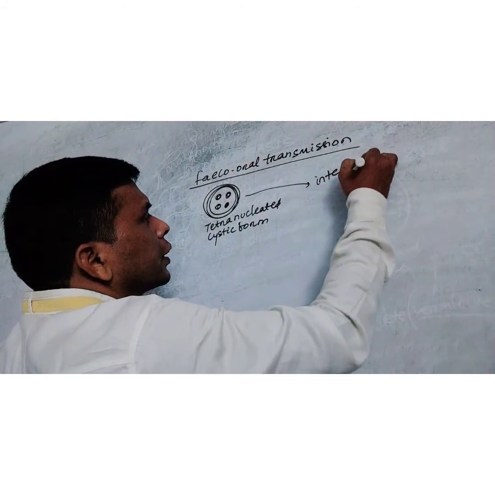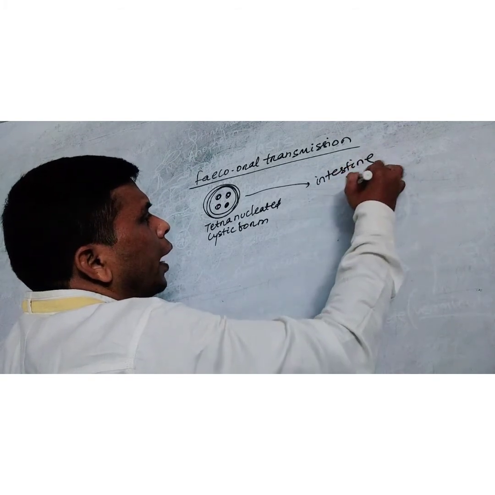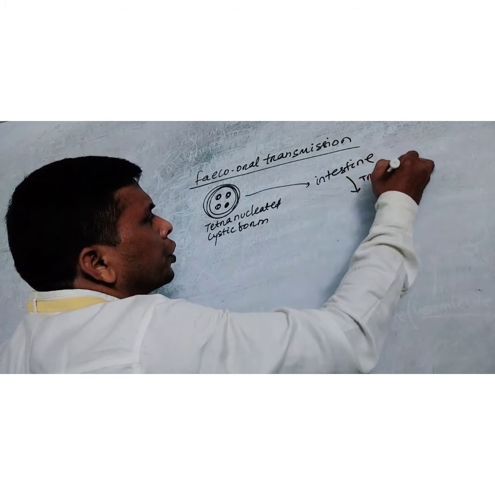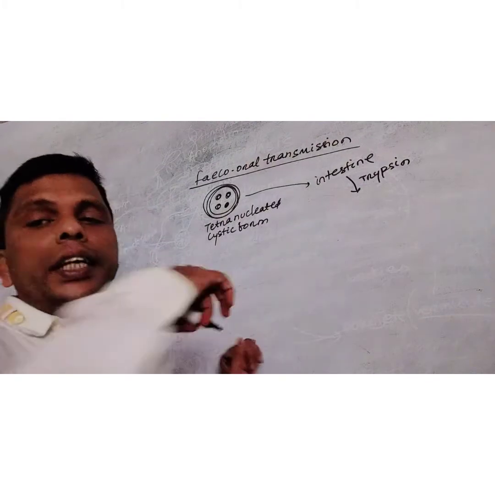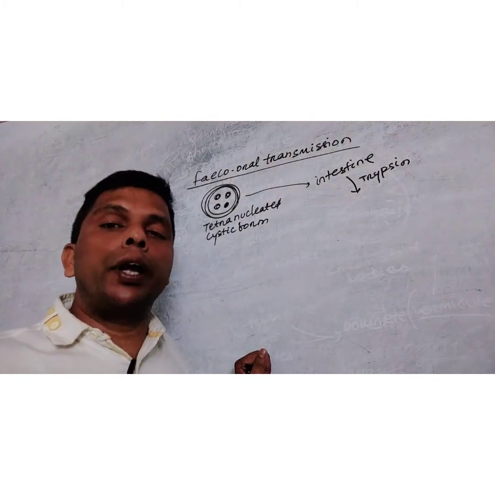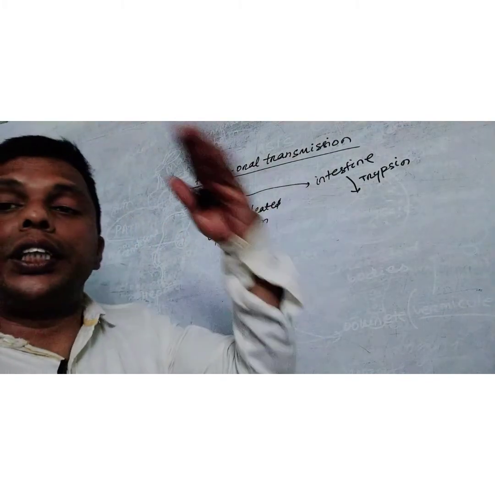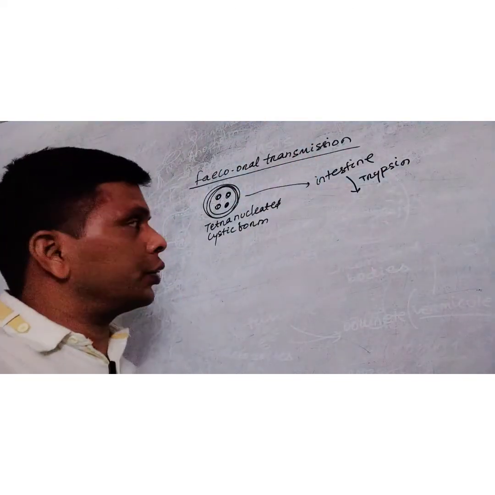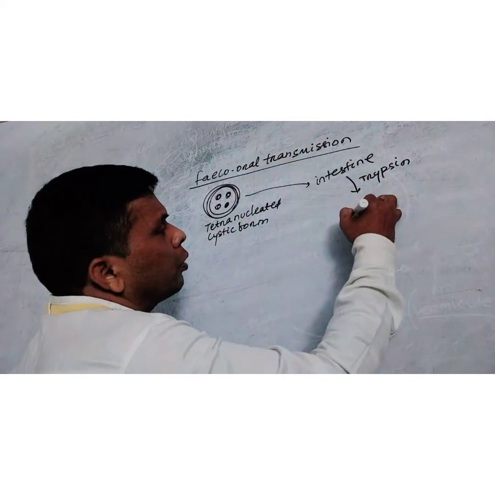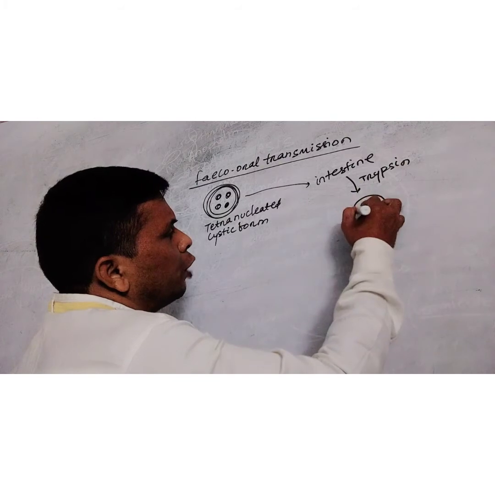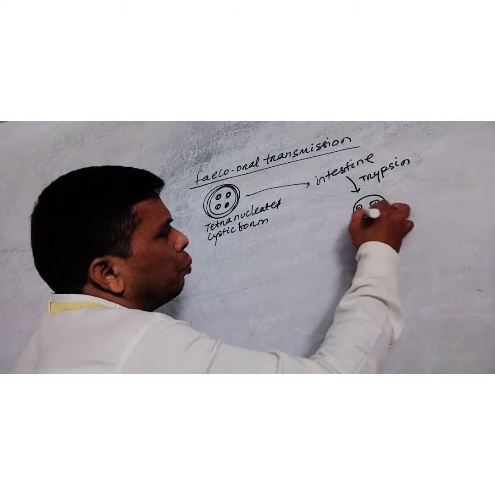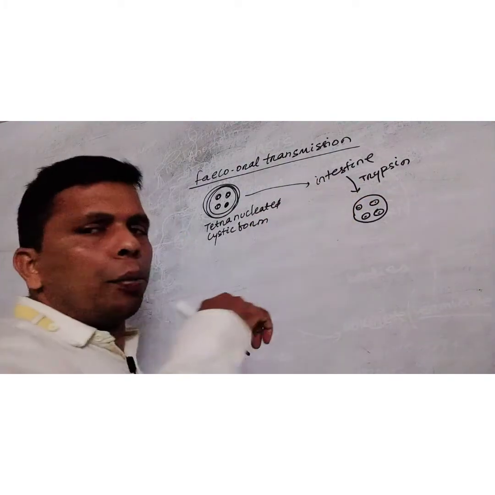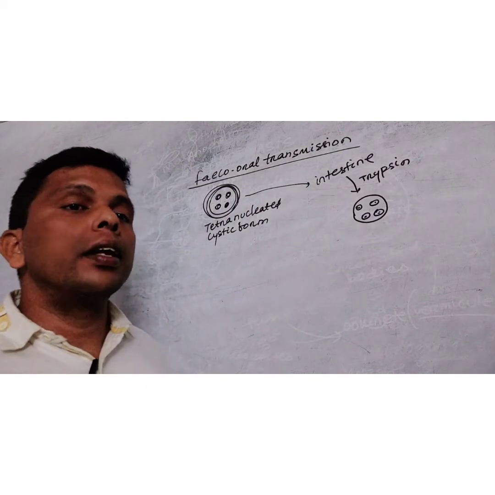At the intestine, when the enzyme trypsin comes in contact, the outer cyst wall gets dissolved. The individual tetranucleated forms come out. Okay.